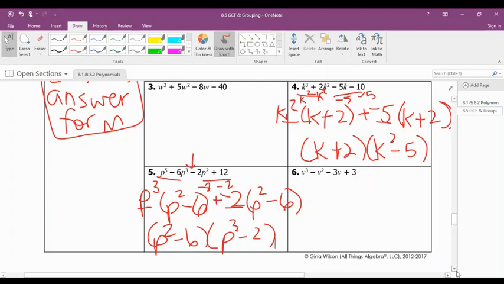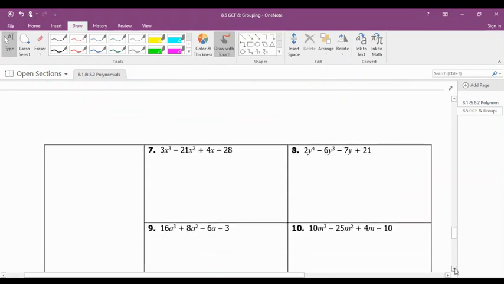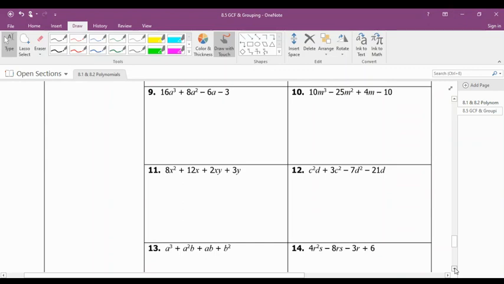2 more examples, and then we'll be done. Number 10. So we're getting into a little bit bigger numbers here, just so you can see them. I'm grouping, and I am going to GCF and see what I take out.